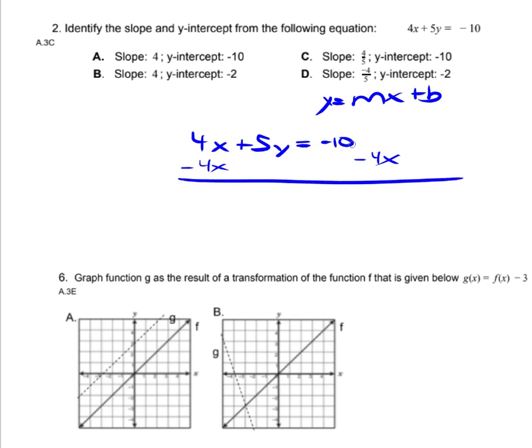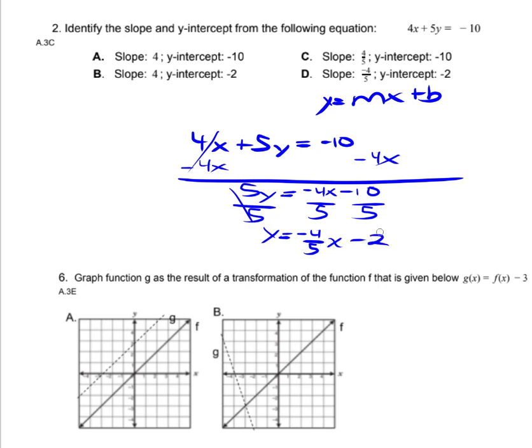This is negative 4 groups of something, and that's negative 10 of something, so you can't combine those. So I get 5y is equal to negative 4x minus 10. Now I'm going to divide everything by 5, and I get y is equal to negative 4/5 x minus 2.